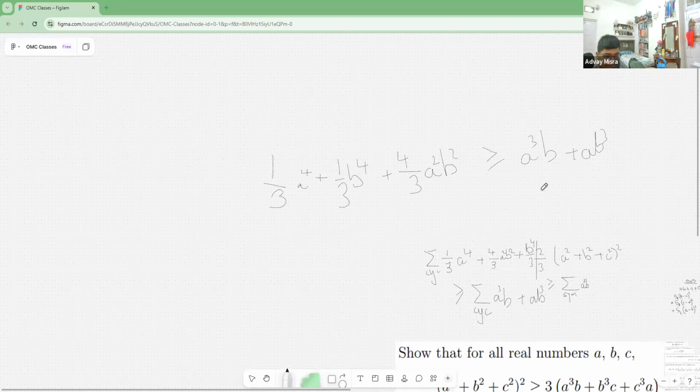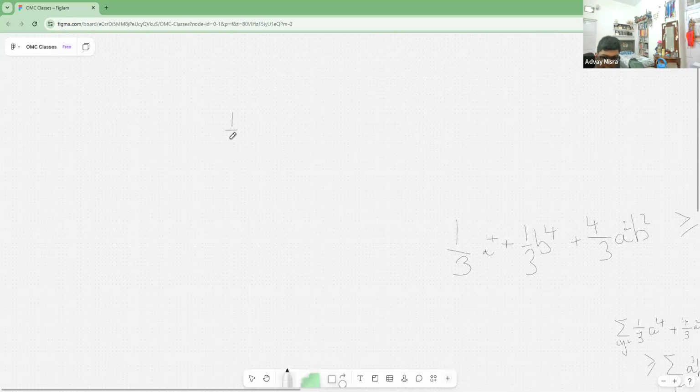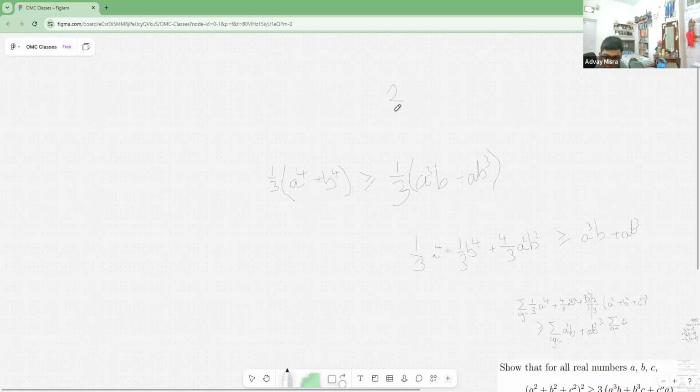So now if we know that this holds, that if you take the fourth powers, then this is greater than or equal to, sorry, not half, 1/3 of this. And then for the other 2/3, we have this.